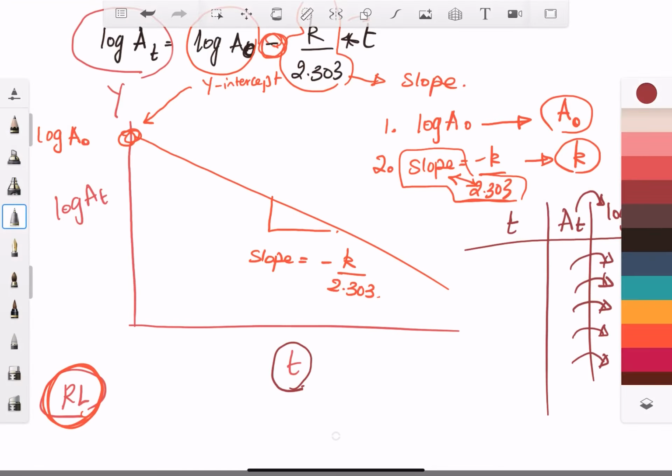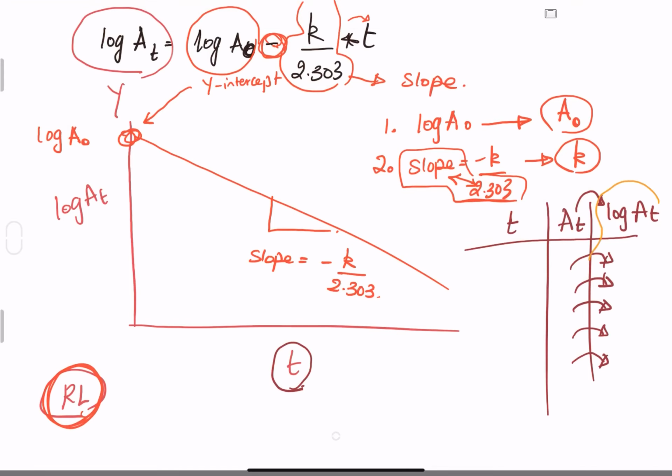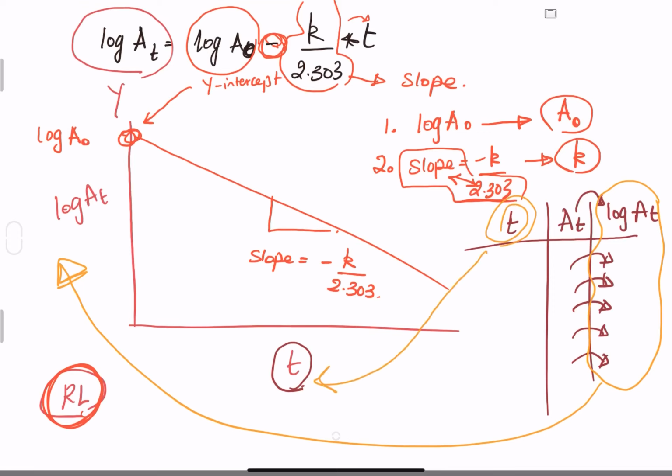Then to draw, we have this as y terms and this as x terms. Okay? And the same thing would be if we are talking about concentration terms. It will be just log concentration, dividing the amount over volume. It will be log concentration, which is C naught minus K over 2.303 multiplied by the time.